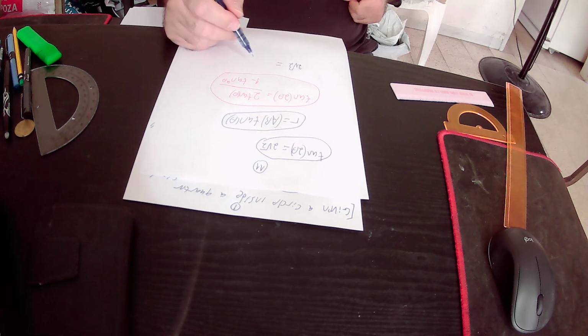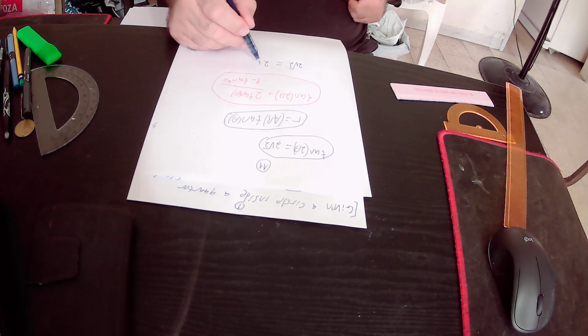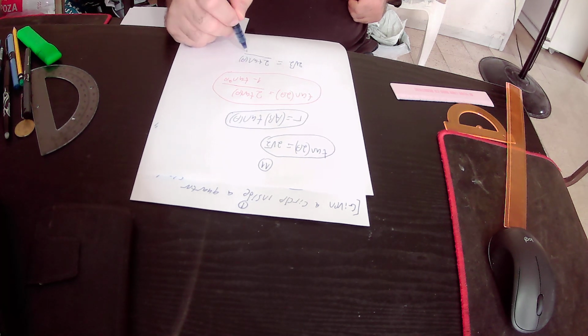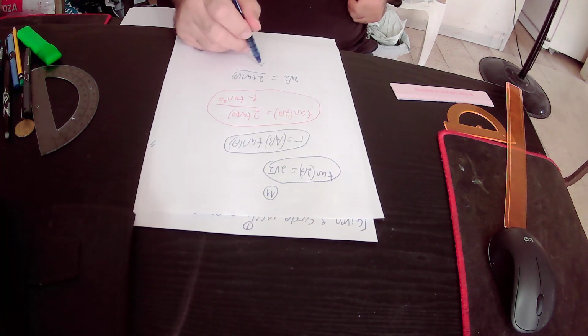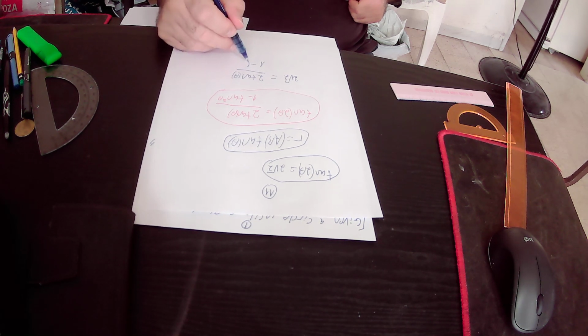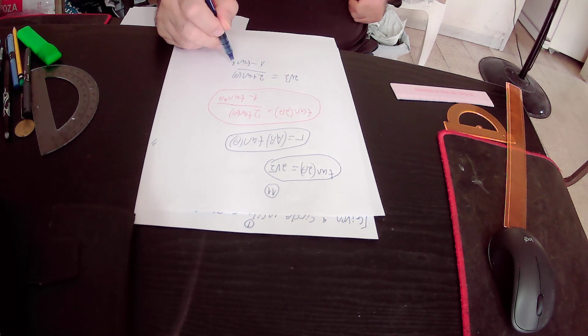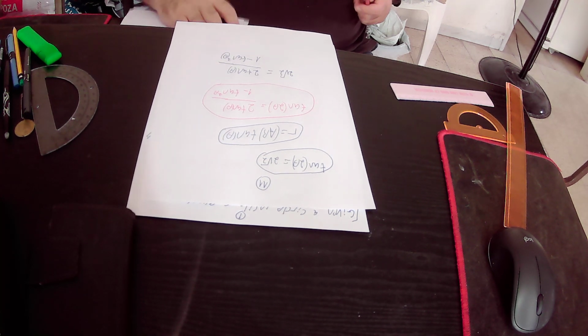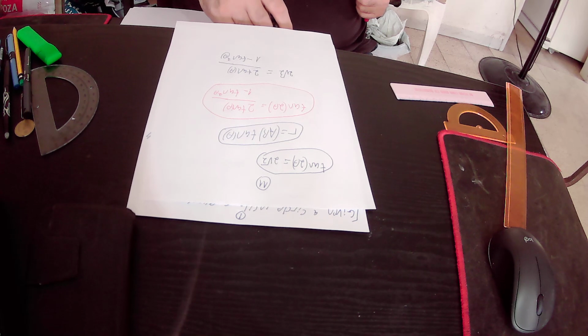And here we have 2 tangent theta over 1 minus tangent square theta. Here we will define tangent theta as x.